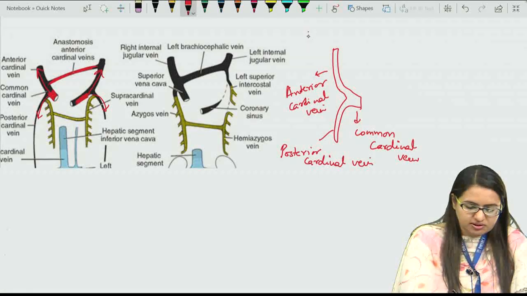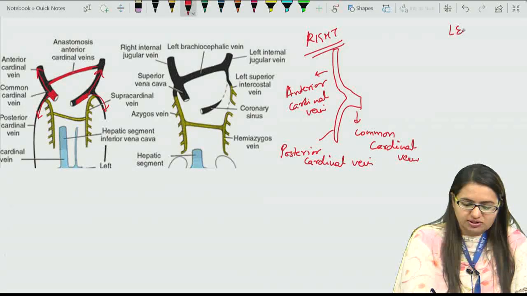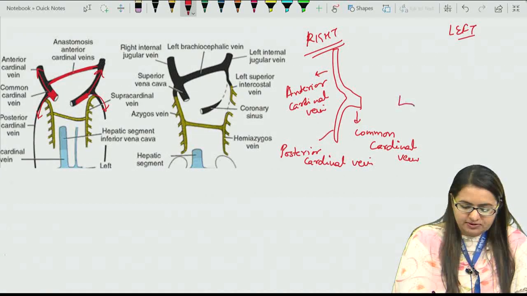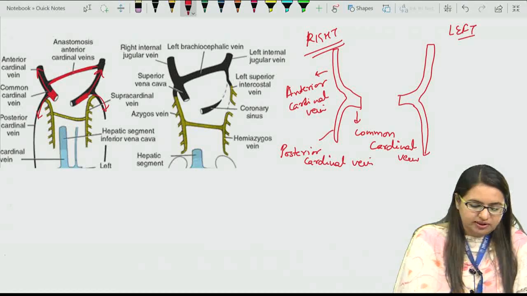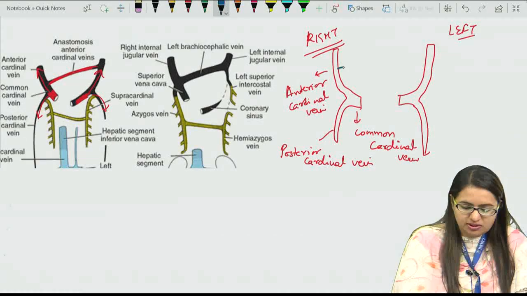This is present on the right side. The same kind of structure is present on the left side. The anastomosis occurs between the two anterior cardinal veins.